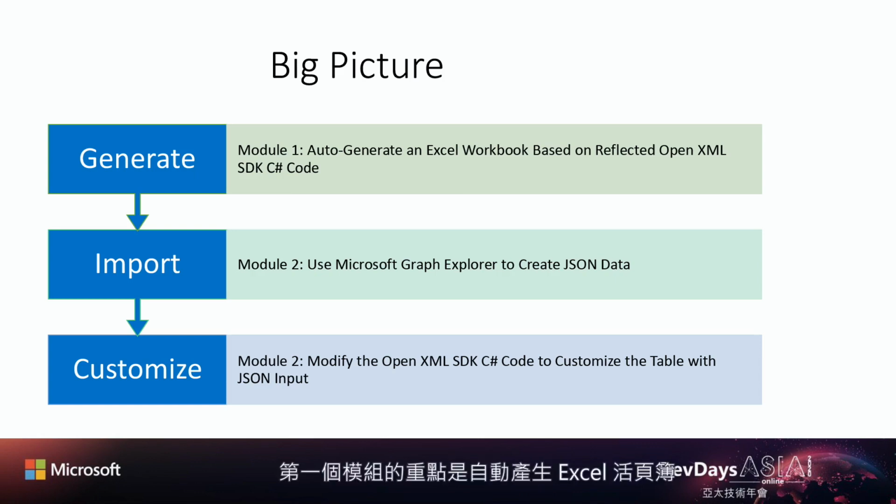First module, we're going to focus on auto-generating the Excel workbook based on generated code from the SDK, from the productivity tool. And the second module, we focus on first creating the JSON data that we drive this sheet generation from the Graph Explorer, and then modifying that code to customize it with the graph data.